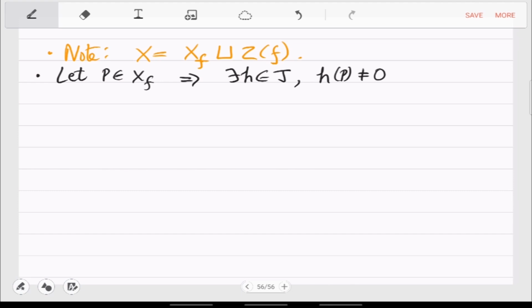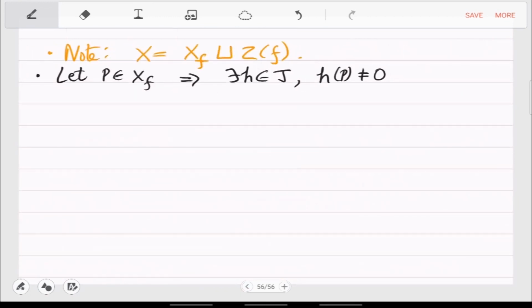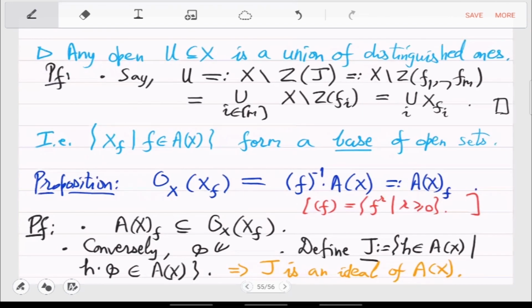Is that clear? That's just from the definition, I think. Because here you are using the fact that phi is regular over X_f, right.